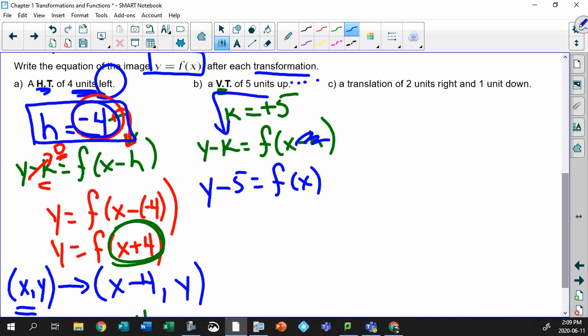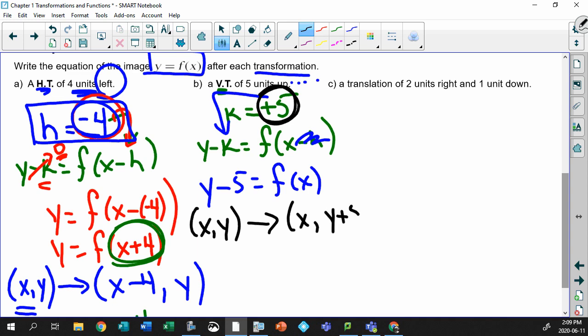Let's look at the map of this now. We're taking every point and mapping it to a new point. Every y value is going to go up by 5. So the x value stays the same, and the y value goes up by 5. Now let's look at the replacement notation.